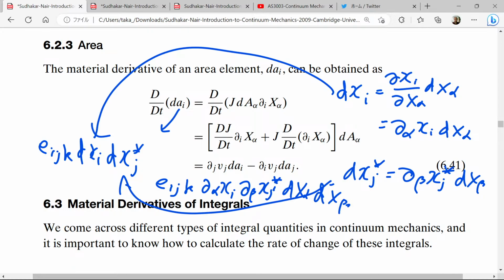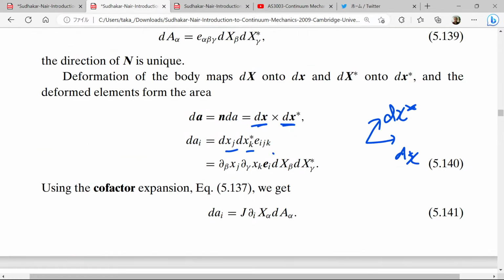Okay, then how do you change this thing to this? The question is, let me see, how do you change? So there is a hint here.